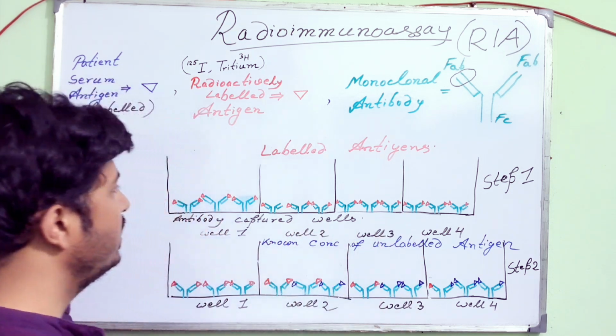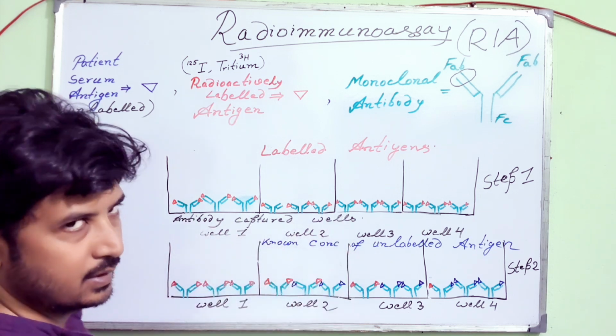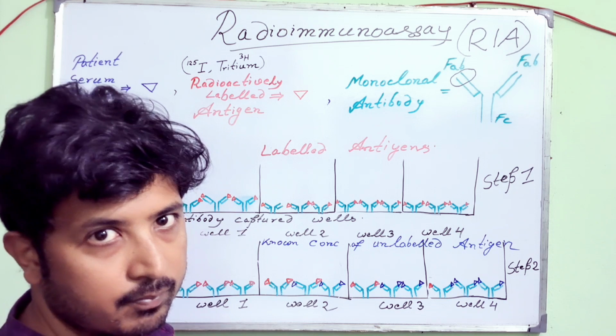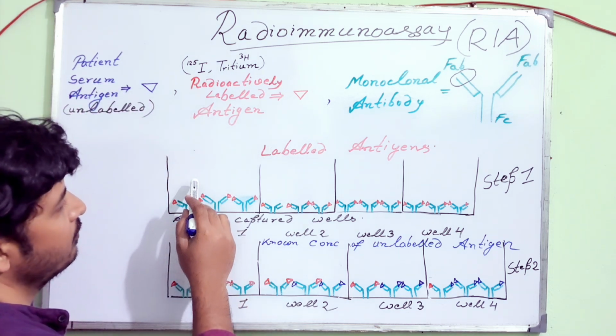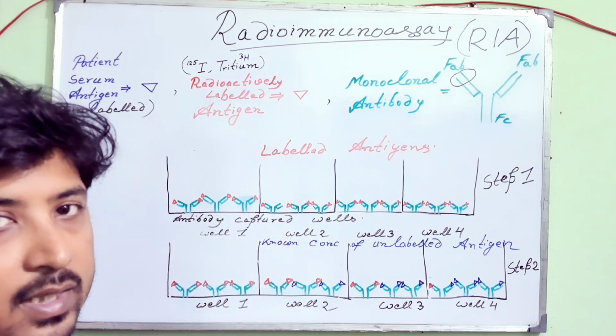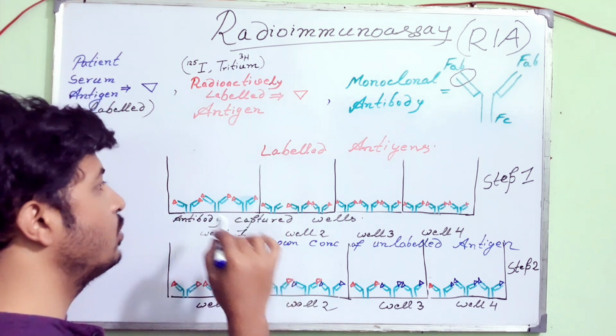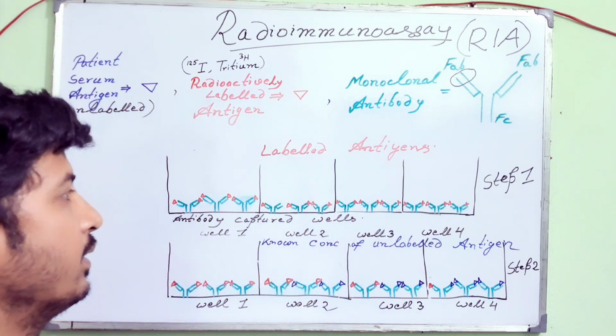Now in those 4 wells, the same antibody coated wells as I have drawn in the previous image, what have I given? I have given labeled antigens. Radioactively labeled antigens given to all the wells. So what will happen?